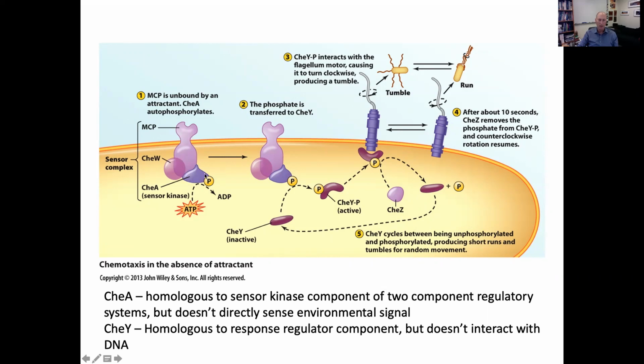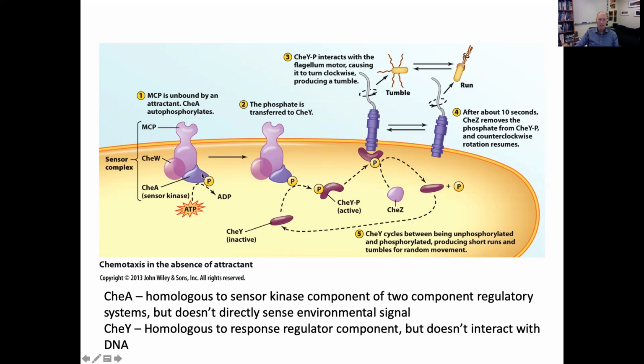You'll see that term again in the subsequent slide, so we don't need to worry about what it means right now. Okay, so the sensor kinase here phosphorylates, and then the phosphate group is transferred to a response regulator, the CheY protein. So CheY without phosphate, CheY with phosphate. Phosphorylated CheY binds to the flagellar motor and induces it to turn in the clockwise direction, which in E. coli and Salmonella causes the cells to tumble.